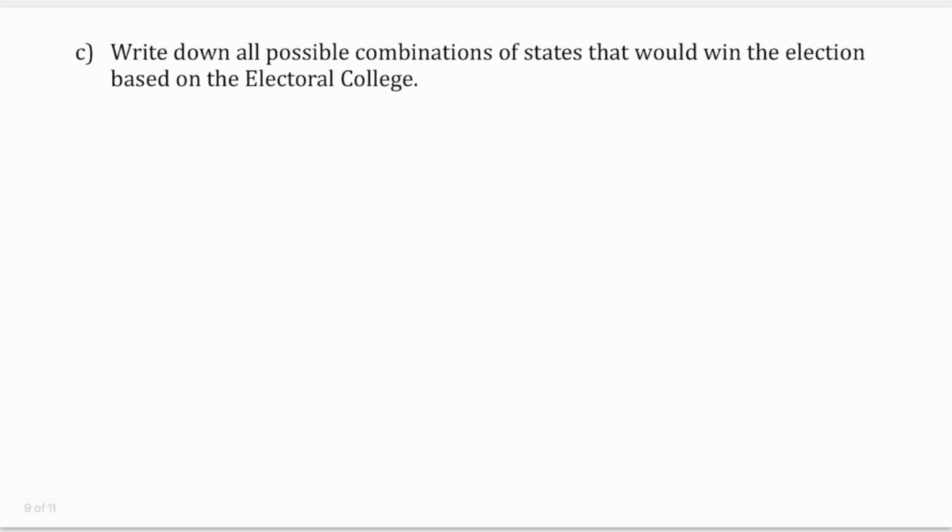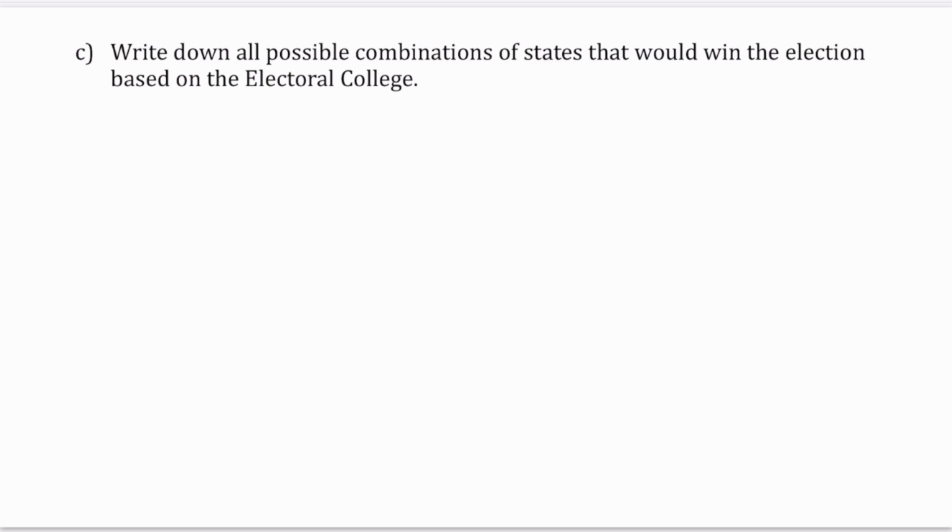C says to write down all possible combinations of states that would win the election based on the Electoral College. Essentially, what this means is to write down as many different combinations of winning states. For example, huge has 23 electoral votes. A candidate only needs 27.